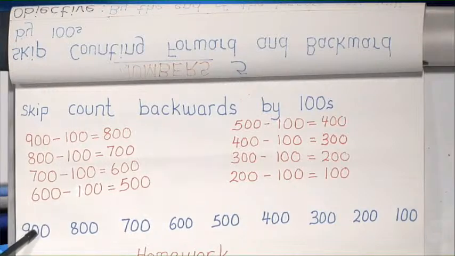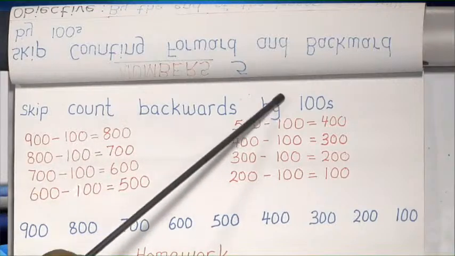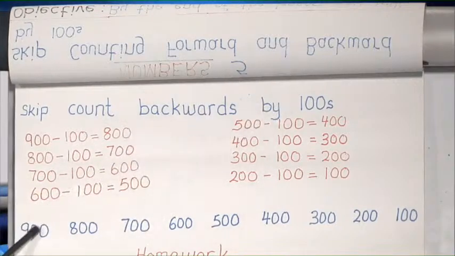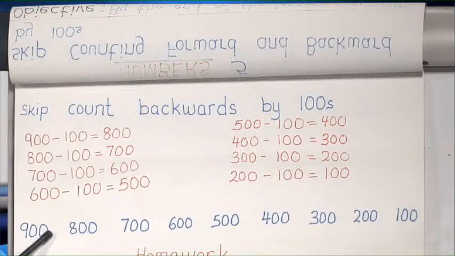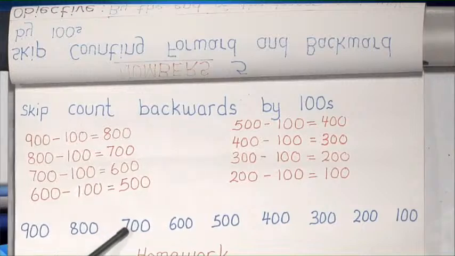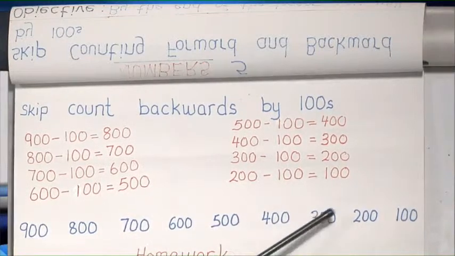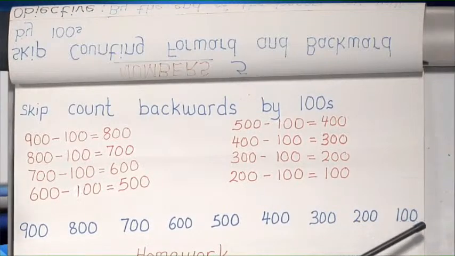If it is 900, we are skip counting backward by 100. So if the first one is 900, the next one you are supposed to subtract. So we get 800, 700, 600, 500, 400, 300, 200, and then 100.